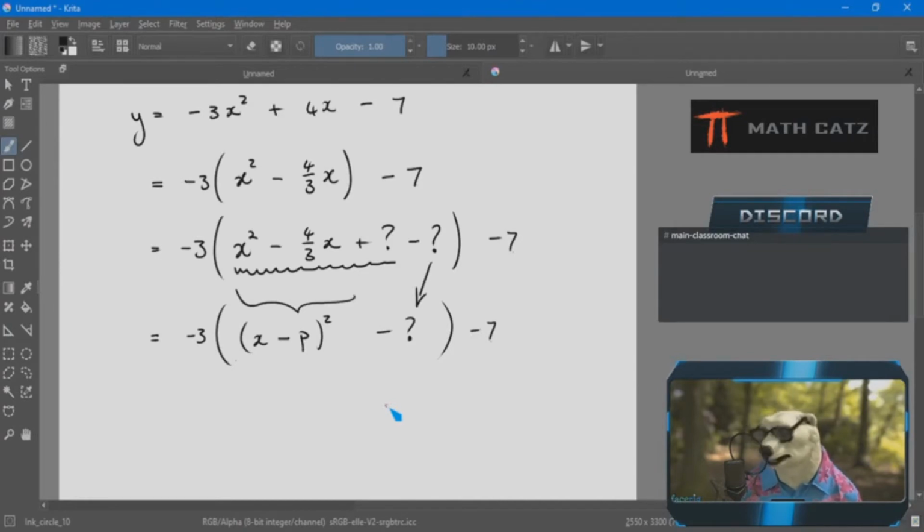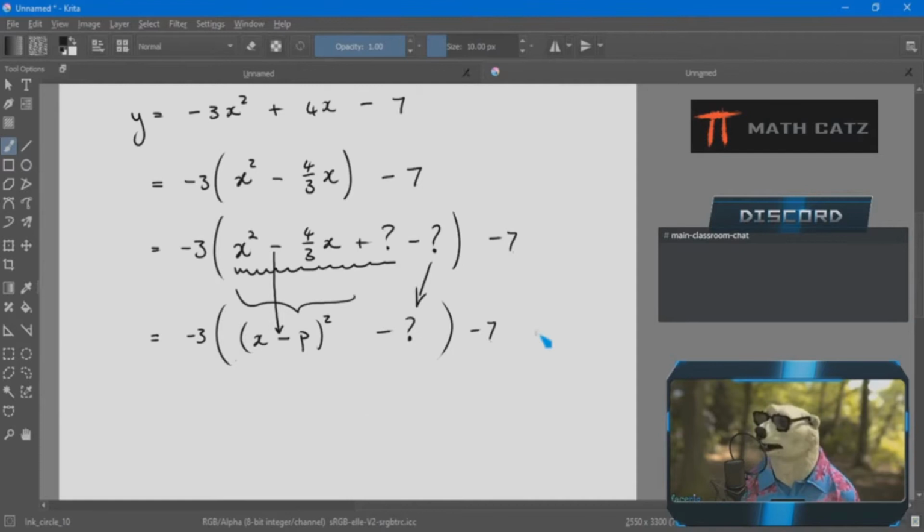I need a question mark number to be the third part to create my bracket squared. Because that was a minus, I know this is going to be a minus. And because I'm squaring this p in the end, that's going to be a plus question mark. Which means the minus question mark is always extra. I need it there for balancing purposes, but that's about it.